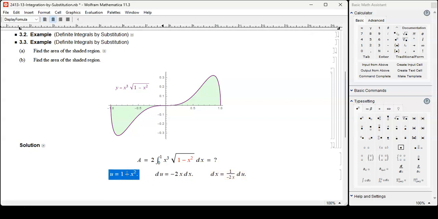Okay, that's the main substitution, the inside, and then we get the dx substitution here. So let's put those in.